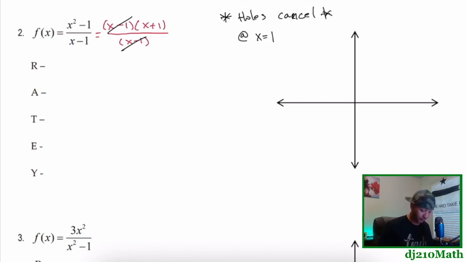So really, the new function is y equals x plus 1. Now, we know that that's a linear line that goes through positive 1 and has a slope of 1, up 1 over 1.